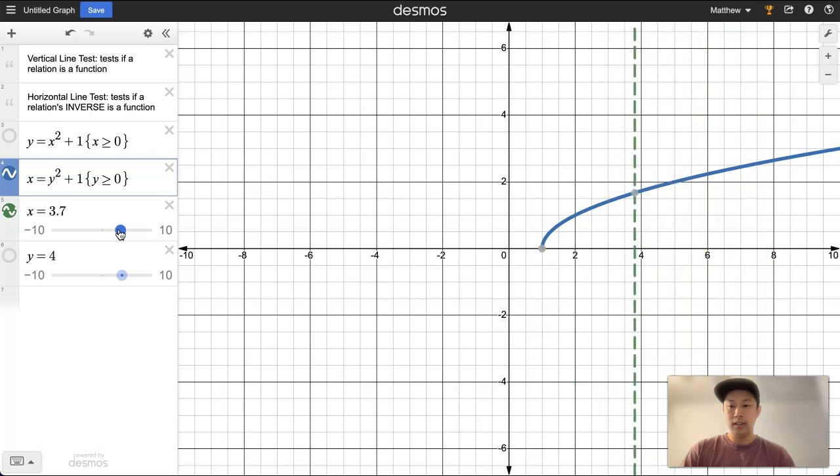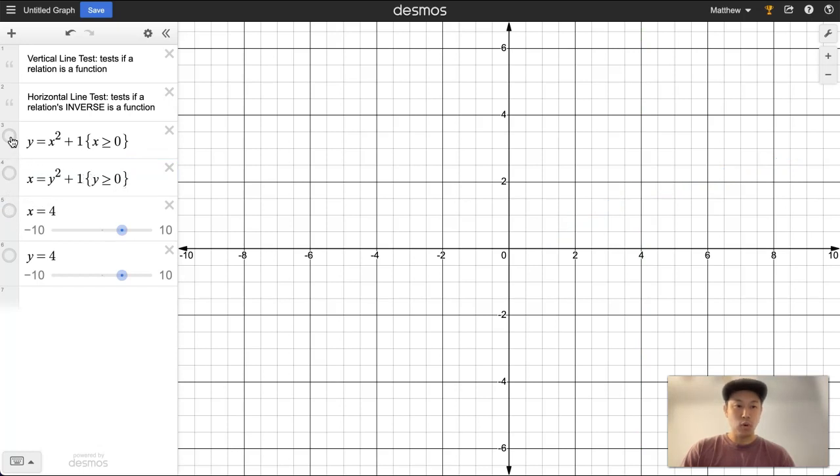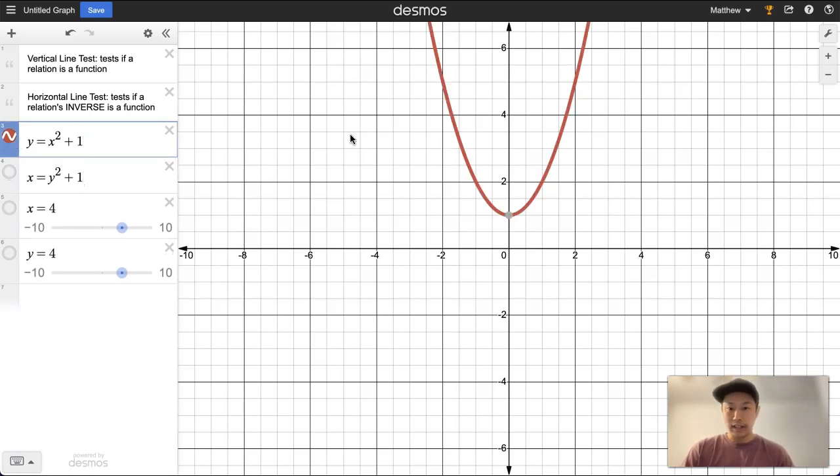So in conclusion, if in the very beginning your original function passes the horizontal line test, that means its inverse will be a function. If it doesn't pass the horizontal line test, like this one fails it, then its inverse will not be a function. Okay?